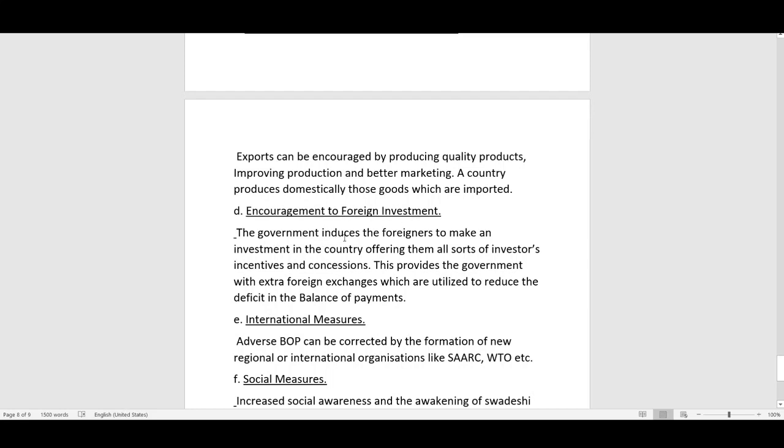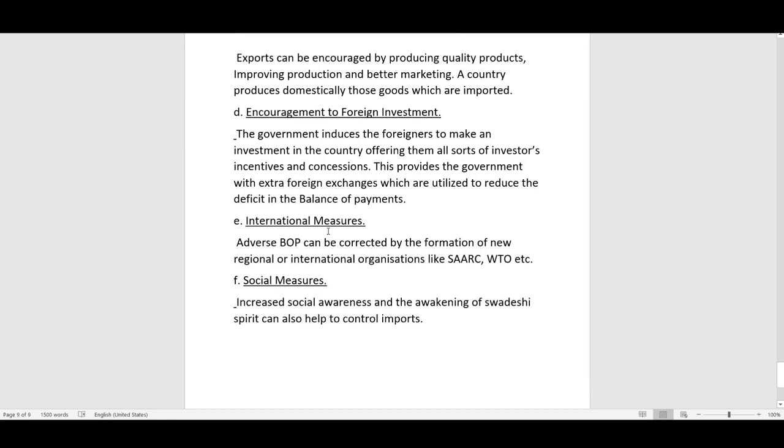The government induces, means encourages, the foreigners to make an investment in the country, offering them all sorts, means kinds, of investor incentives and concessions. This provides the government with extra foreign exchange which is utilized to reduce the deficit in the balance of payments.